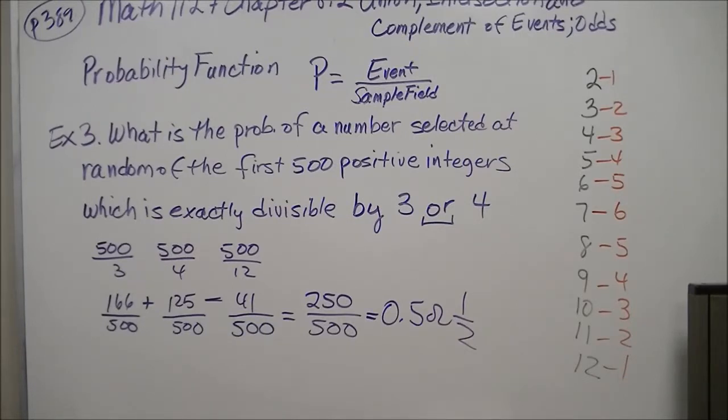Again, the technique is dividing 500 by 3, dividing it by 4, and then in this case, those that are an intersection would be the combination of these two. Those have to be subtracted.